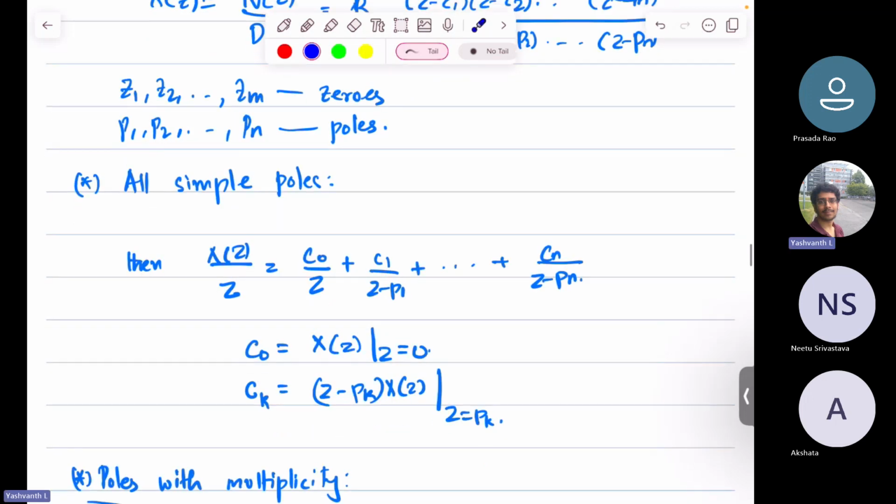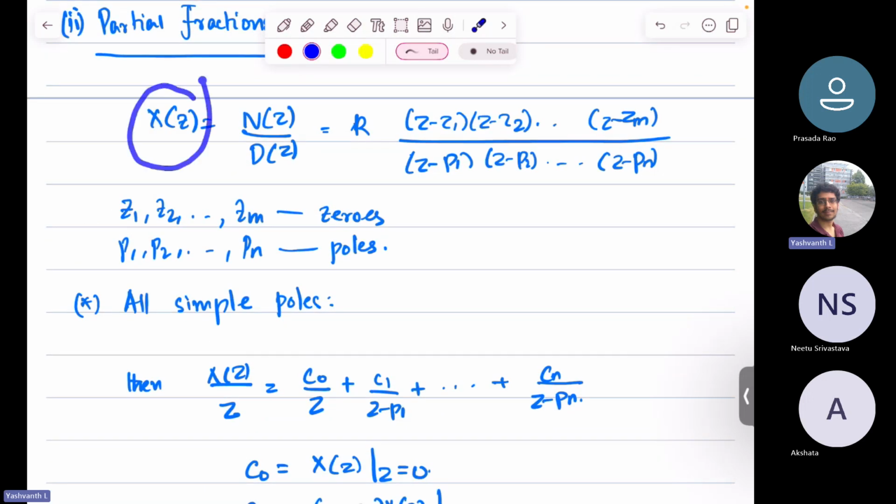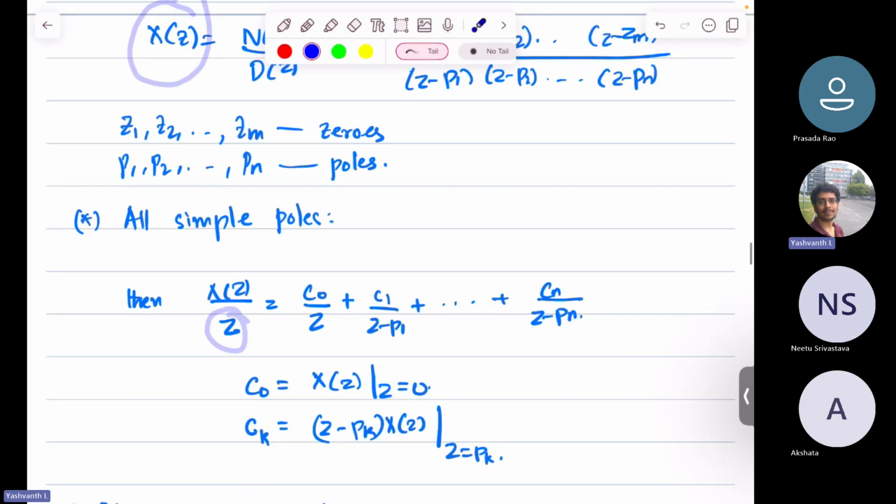Then you can write your x of z divided by z. There is a reason why we divide by z; I'll tell you later. So you express x of z divided by z as c naught by z plus c1 by z minus p1, and so on, where p1 and so on are the poles of your z transform.